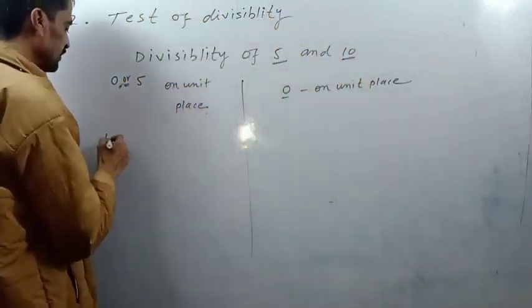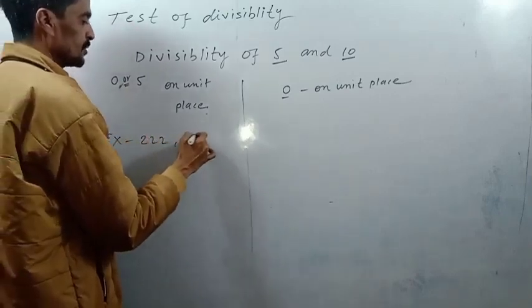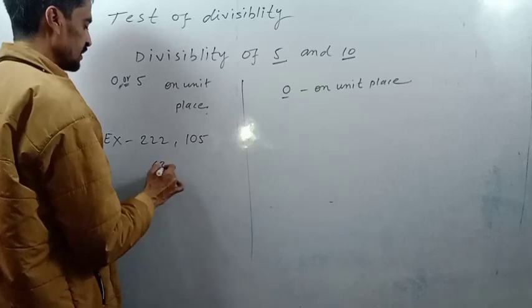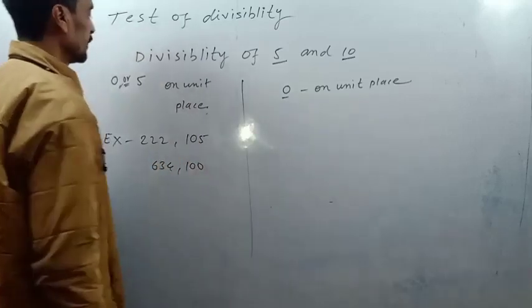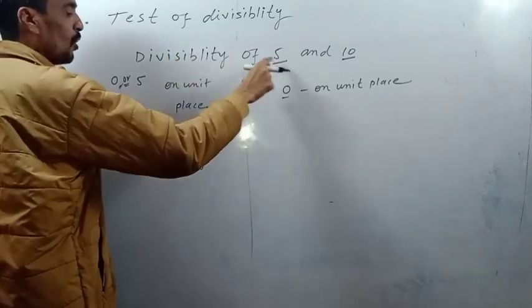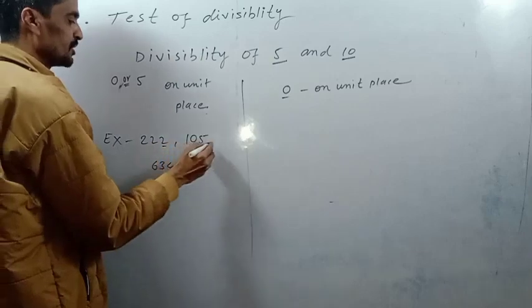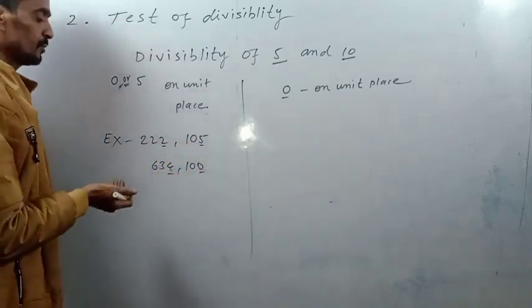Let's see an example: 2221, 05634, and 100. To check the divisibility of 5, which place do we need to check? We need to check the unit place.